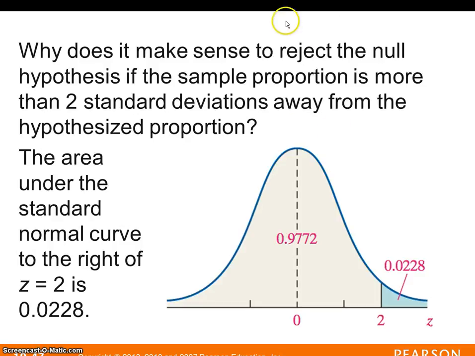Why does it make sense to reject the null hypothesis if the sample proportion is more than 2 standard deviations away from the hypothesized proportion? Well, remember that the area under the standard normal curve to the right of z equals 2 is equal to 0.0228, right? That was because of the empirical rule. And remember that an event is unusual if it's less than 5%. So if it's in this region, it's a pretty unusual occurrence.